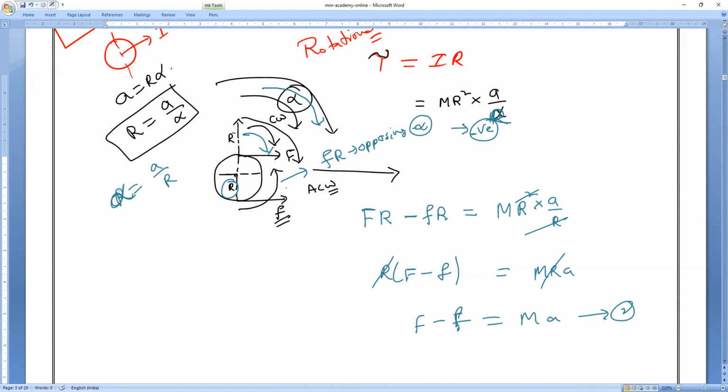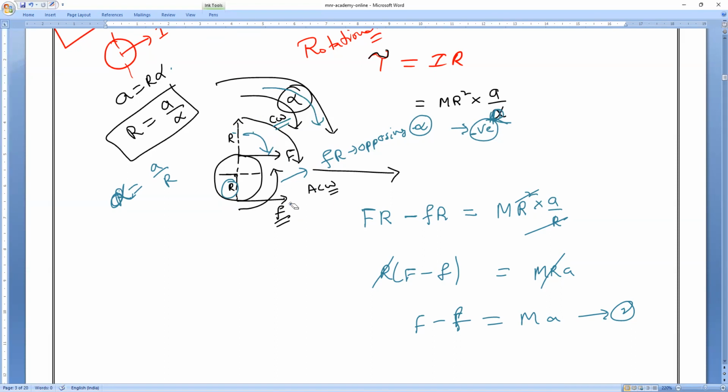Check it, everybody. Angular acceleration is clockwise, but here, R cross F, what is it? Plus or minus? Clockwise. It is clockwise. R cross F, angular acceleration is clockwise.